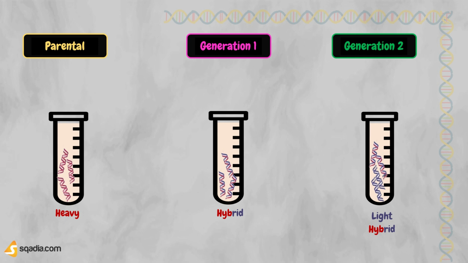Moving forward, the theory that DNA replication was semi-conservative was confirmed by the Meselson-Stahl experiment in 1958.